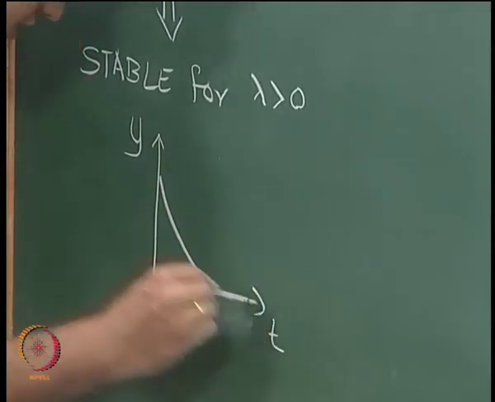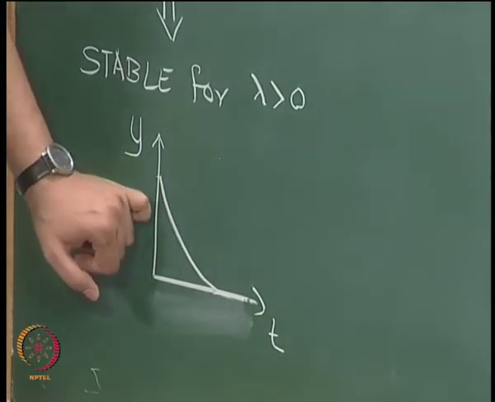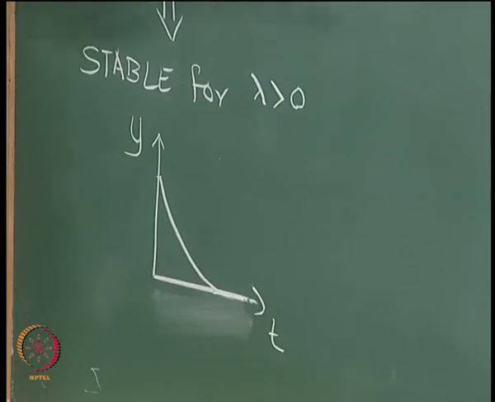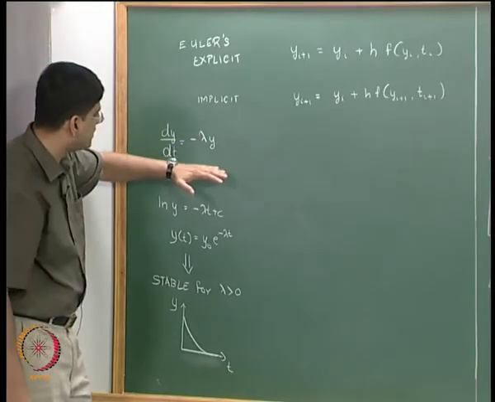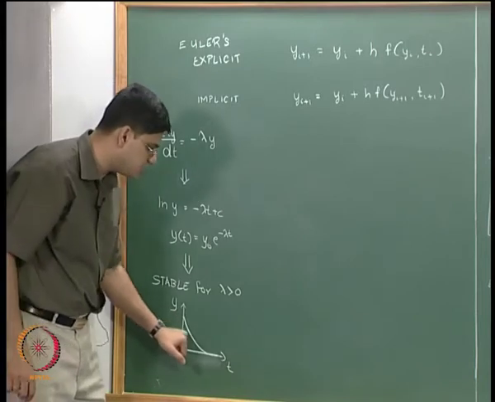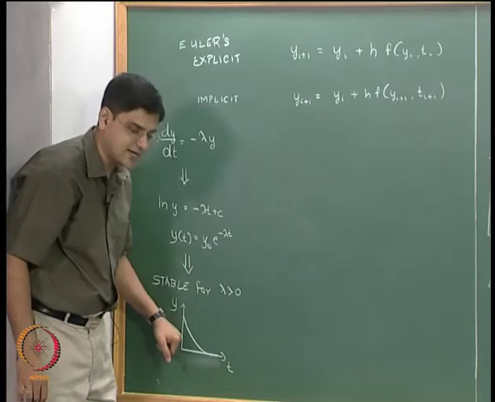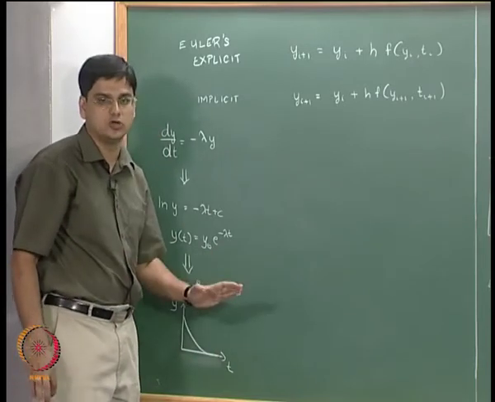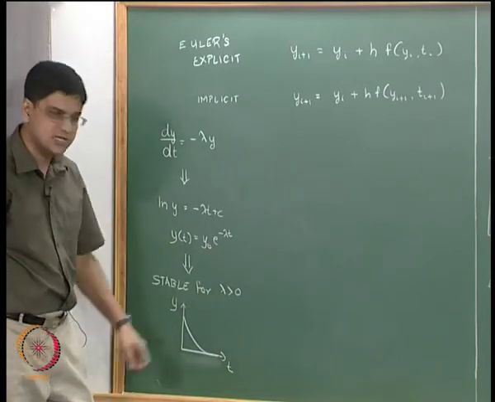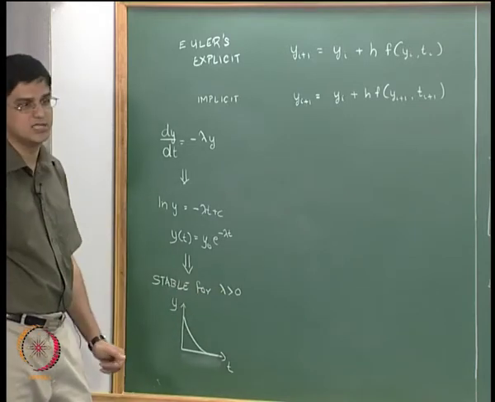This is the function y against t starting at value y0. So the two physical features of the analytical solution of this equation are, one, that it settles down to y equal to 0, and second, it settles down monotonically provided lambda is greater than 0. If lambda is less than 0, of course we are going to get an unstable solution.